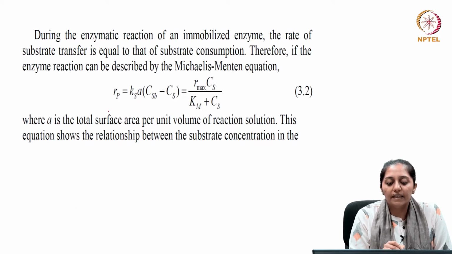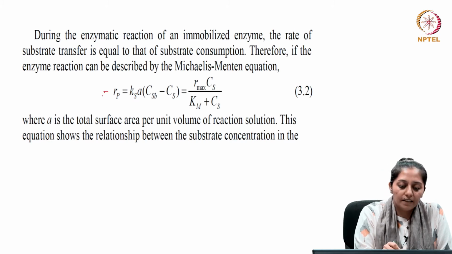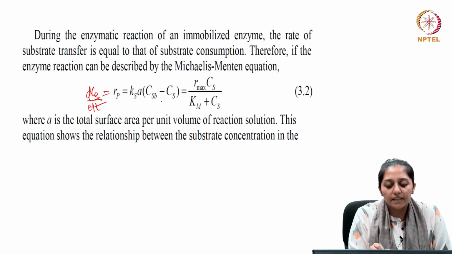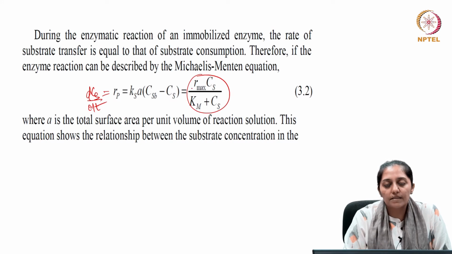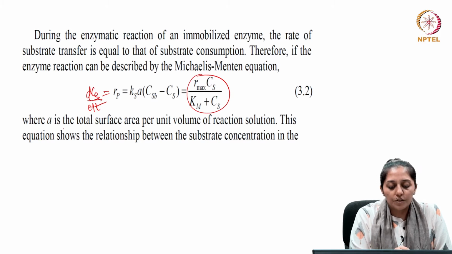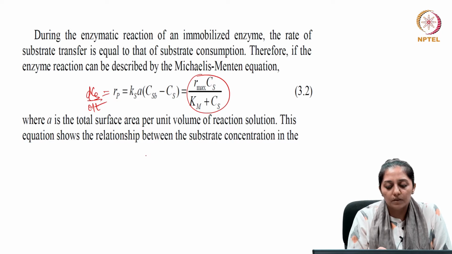So, dS by dt or dCs by dt can be written as Ks a (Csb minus Cs), and then we have used the Michaelis-Menten model here, where Rmax is the maximum rate of reaction, Cs is the substrate concentration which has reached the enzymes, Km is the Michaelis-Menten constant, and small a is the total surface area per unit volume of the reaction.